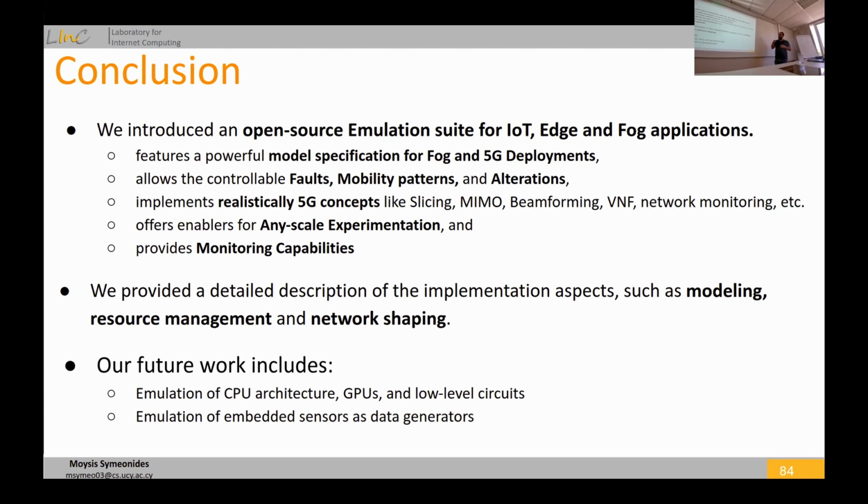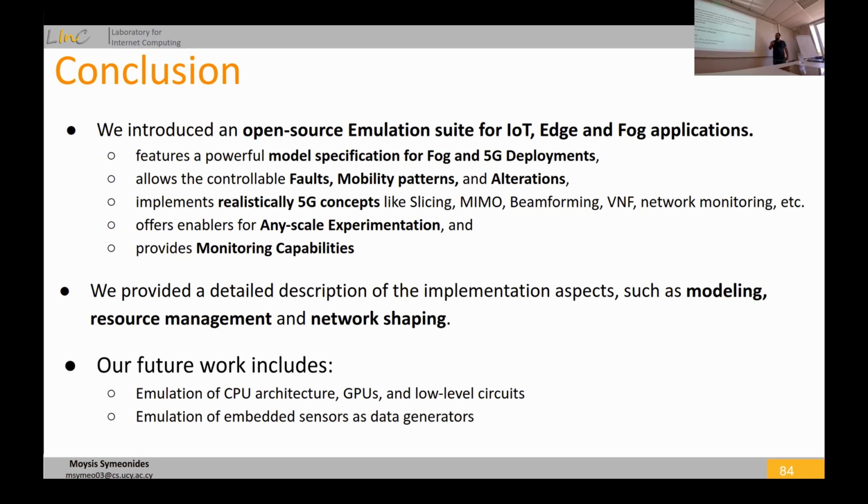The framework realistically implements 5G concepts like slicing, MIMO, virtual network functions, and network monitoring. It also offers any-scale experimentation, from a laptop to a cluster, and provides monitoring capabilities.